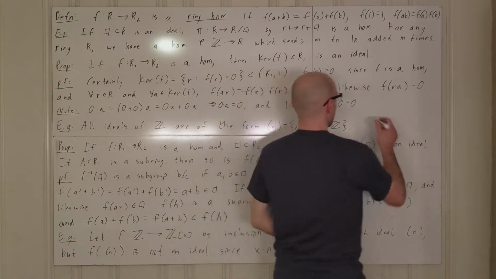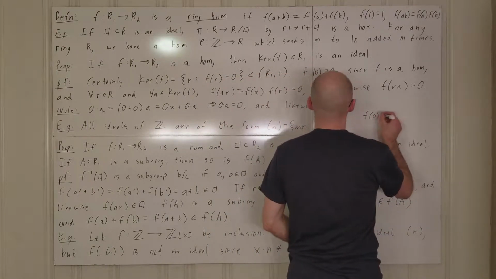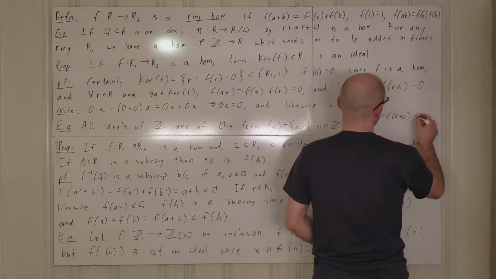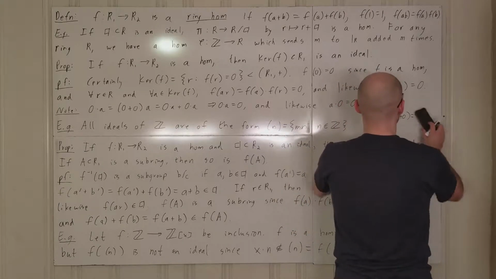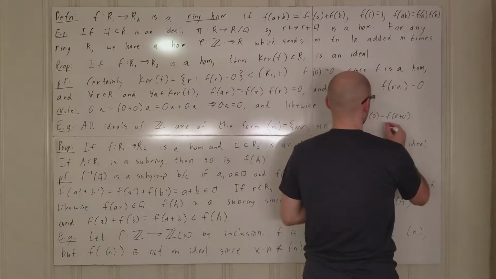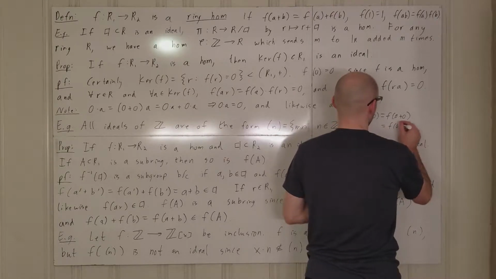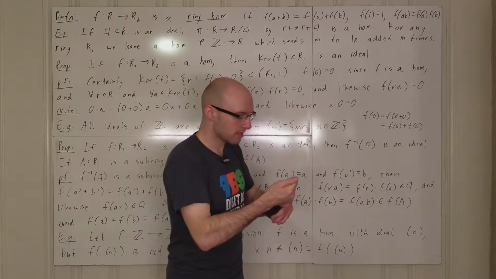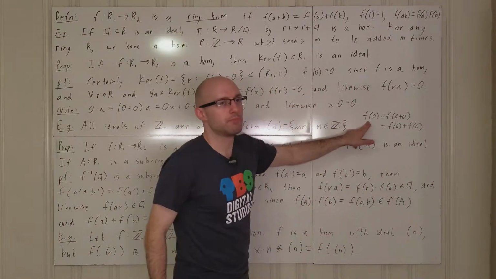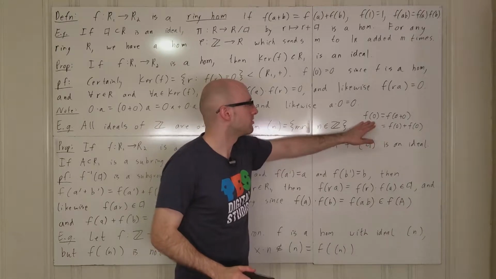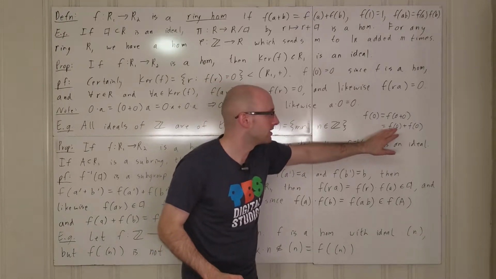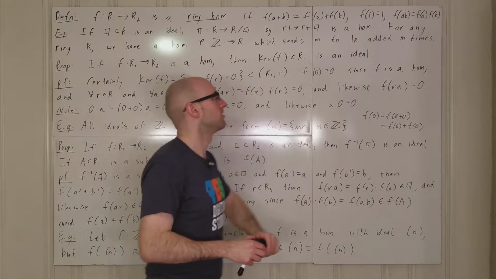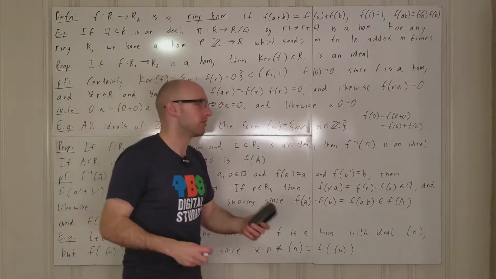You have f of 0 equals, well, 0 equals 0 plus 0, and since this is a group homomorphism, f of 0 plus 0 is equal to f of 0 plus f of 0. And so from here, you subtract f of 0 from both sides of this equation, and you end up with 0 equals f of 0. And so that's how you get f of 0 equals 0.